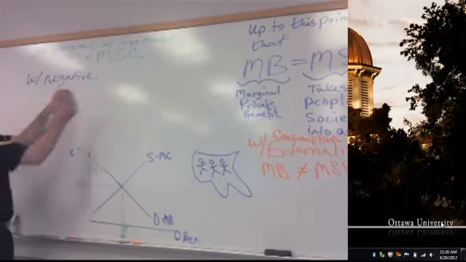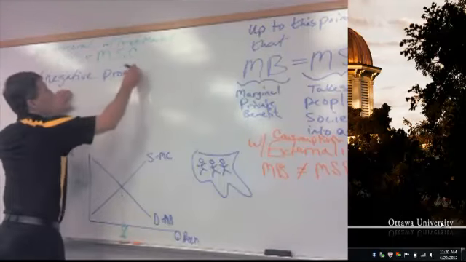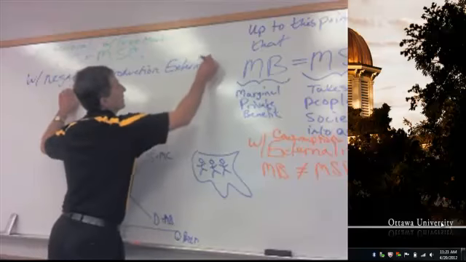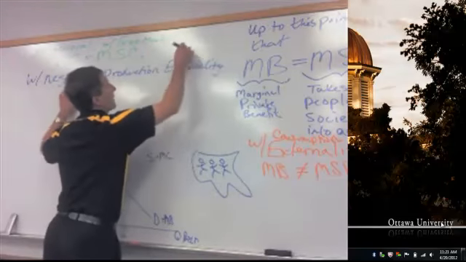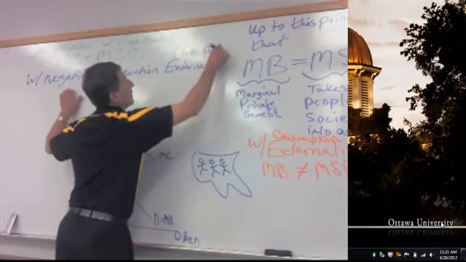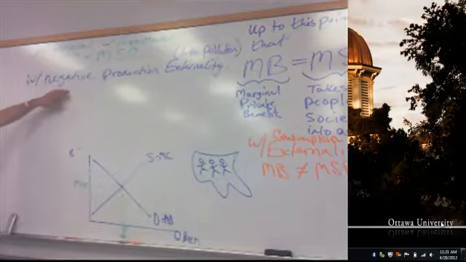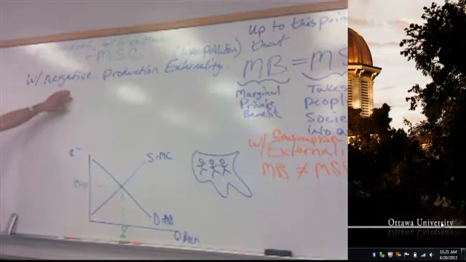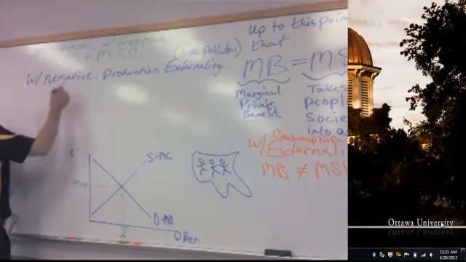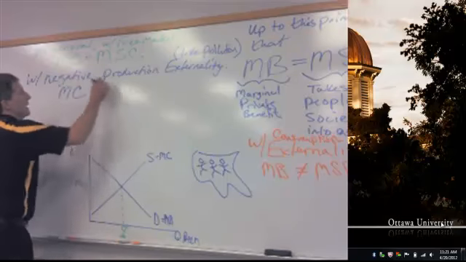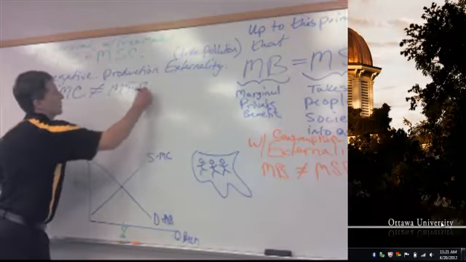With a negative production externality, i.e. like pollution, if the pollution's coming from the plant, the way we described, the marginal cost for Budweiser does not equal the marginal social cost.